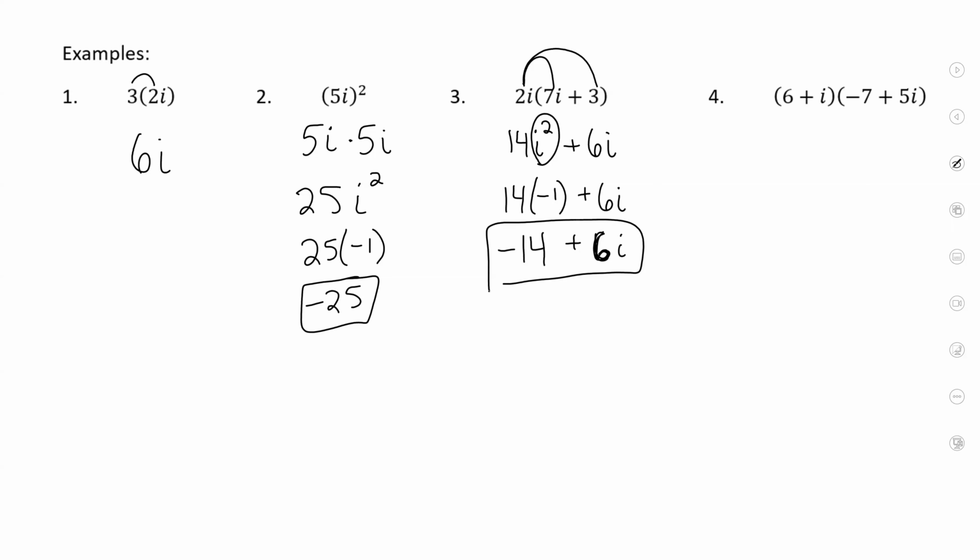Okay, number 4. 6 times -7 is -42. Yes, some of you guys might call this foiling, where you do the first, then you do the outside numbers. 6 times 5i is 30i.